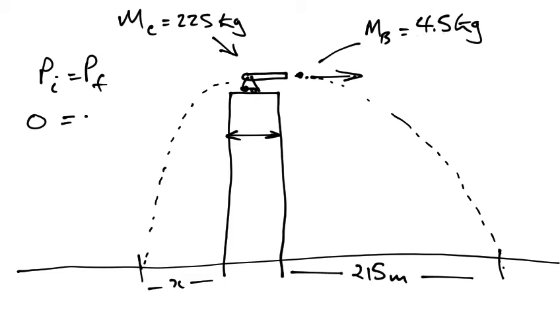And then afterwards, we have the mass of the cannon times the velocity of the cannon plus the mass of the ball times the velocity of the ball. And so we know that they're both going to have equal and opposite momenta. Now, the difficult part here is that we don't really know the velocity of the ball.